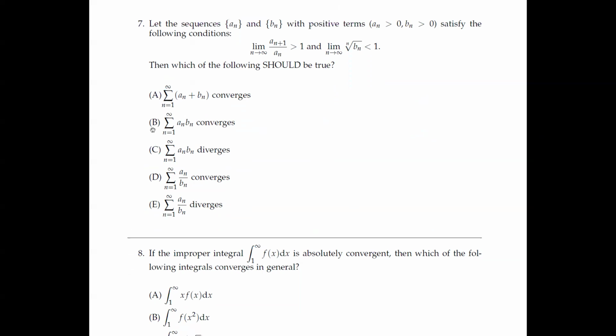Like proving that this statement is wrong. Whatever you can't prove, why not? Because you can't prove that whatever is B or C, this series might be convergent or might be divergent.